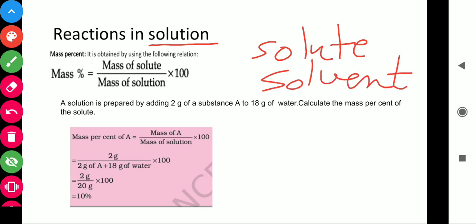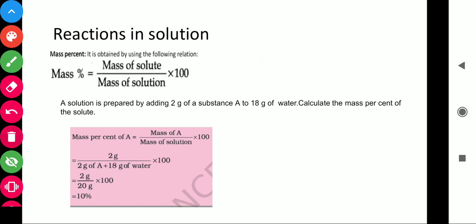If we want to calculate the mass percentage of solute or solvent, how can we calculate? Mass percentage of solute can be calculated by using this formula: mass of solute upon mass of solution into 100. Let's understand with the help of an example.